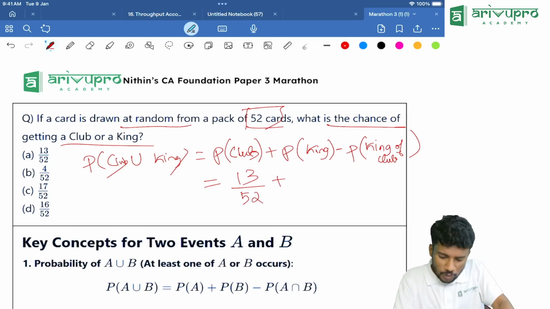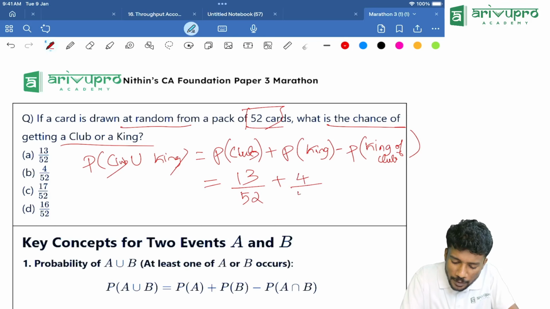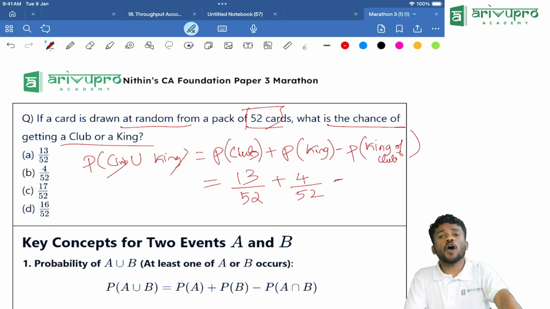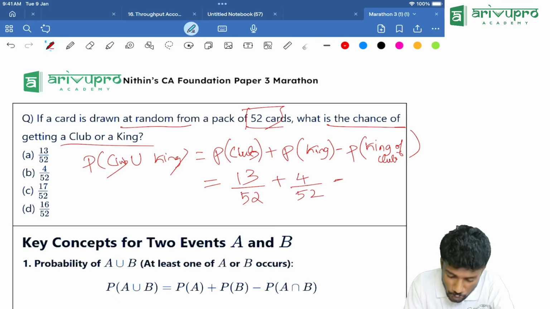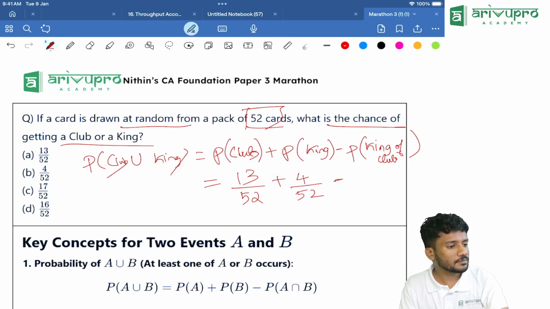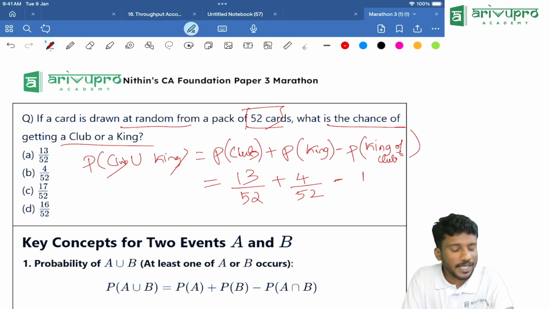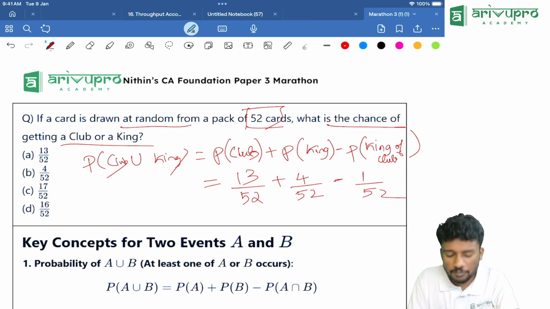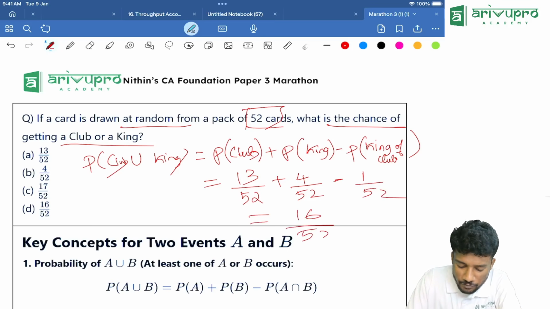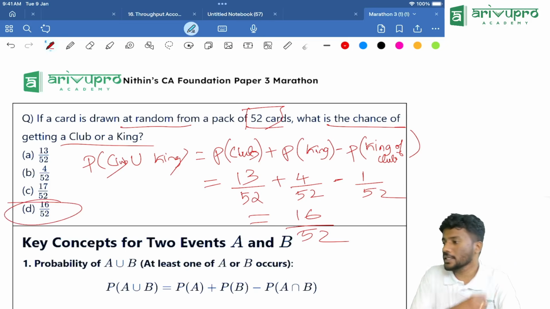Total 4 kings, so 4 by 52, minus the king of clubs, only 1 king, so 1 by 52. Which is equal to 16 by 52. Answer is option D.